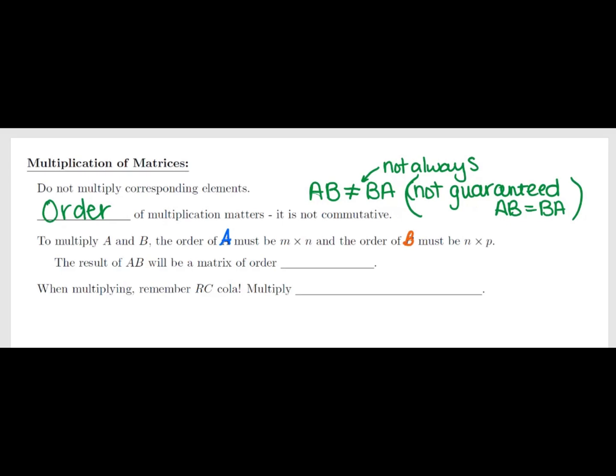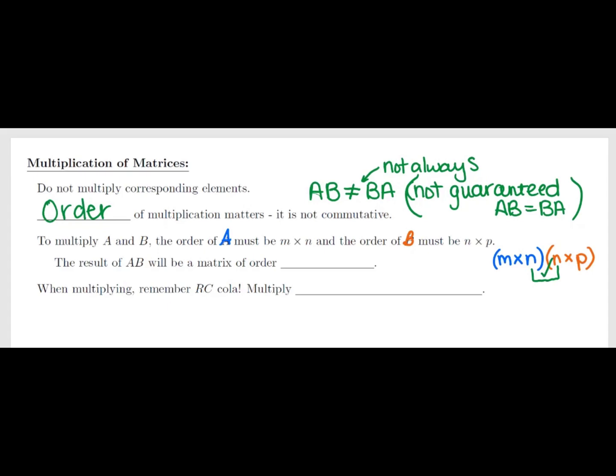Okay, so we're saying that A must be m by n, so rows by columns. And when we multiply that by B, we're saying that the two numbers in the middle need to be the same. If they are not the same, then you can't multiply them.